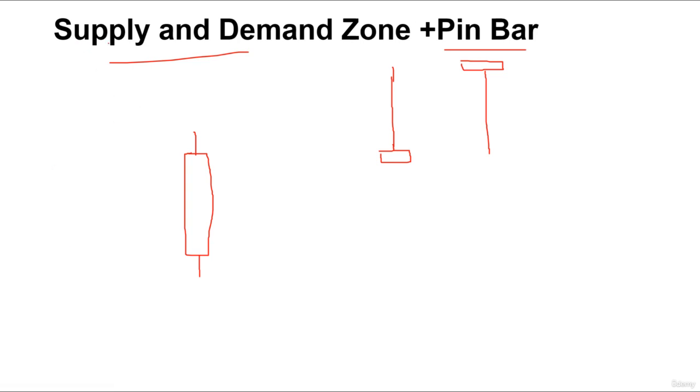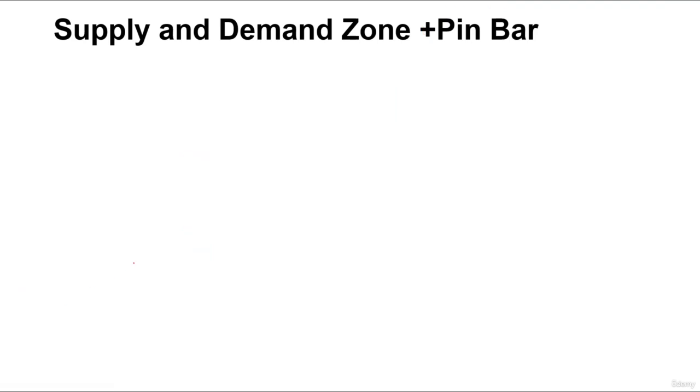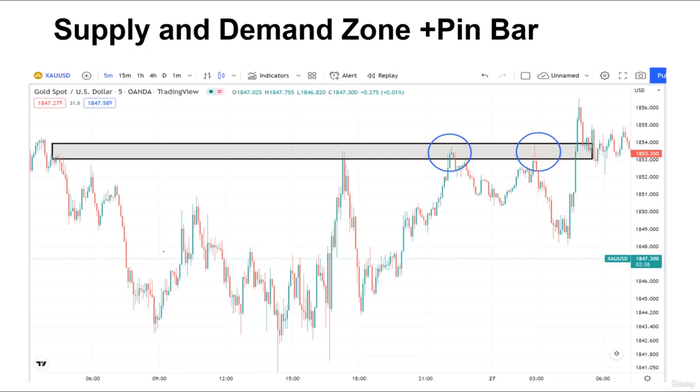And we should go on to understand what I mean by this strategy. When it comes to a supply and demand zone, and I see a pin bar, I open my positions after that. Now look at this one. There is a candle which is called a pin bar, and this is the supply zone.